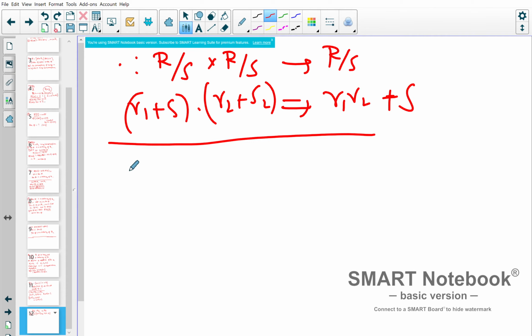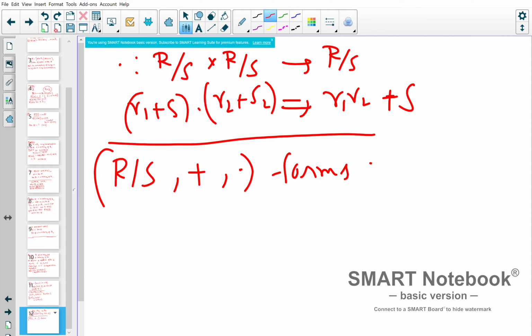So this R mod S, with respect to this, the way we define this from the ring. What happens if S has some property? What is that property?